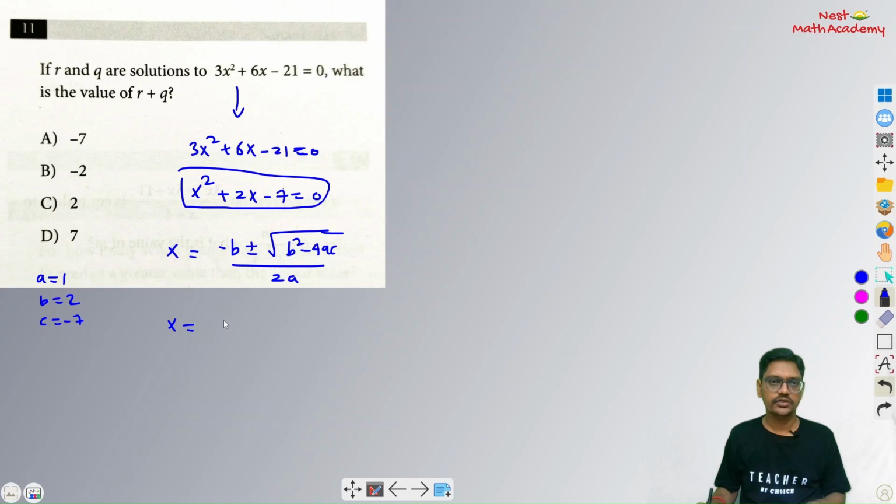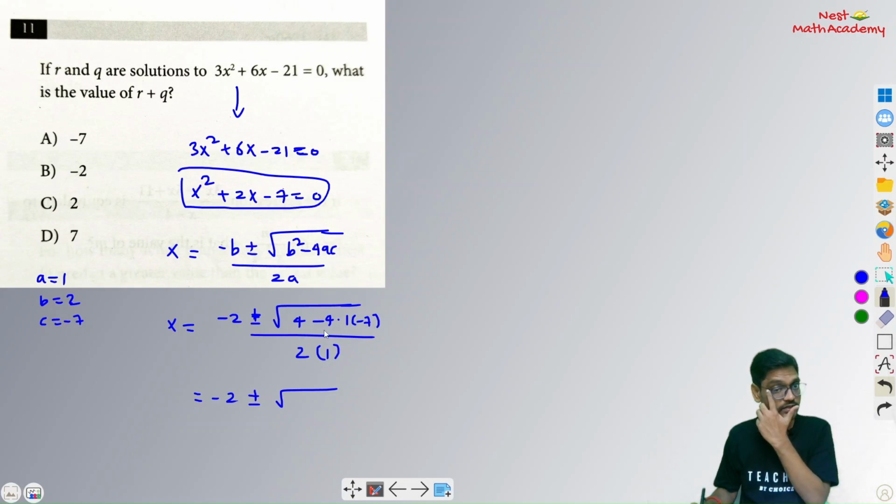So minus b means minus 2 plus minus root of b square minus 4ac, 4 times a 1, c minus 7, by 2a, 2 times 1. This part will become 4 plus 28, which is 32, by 2.